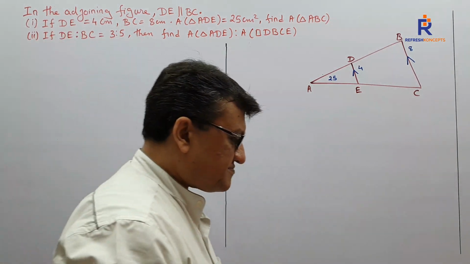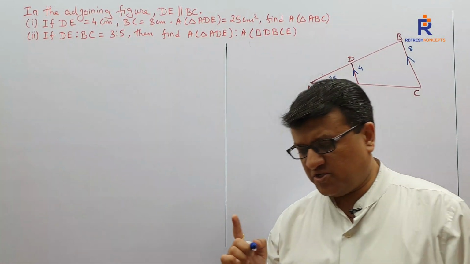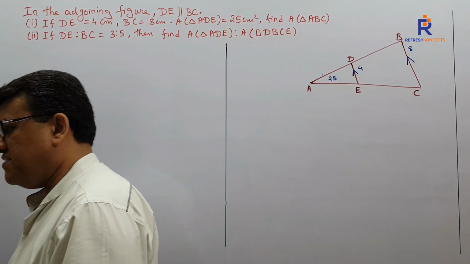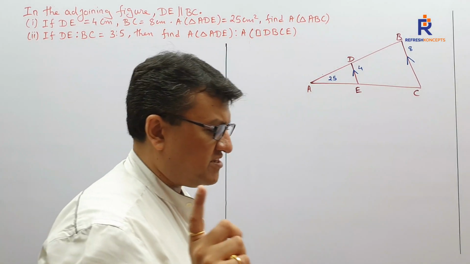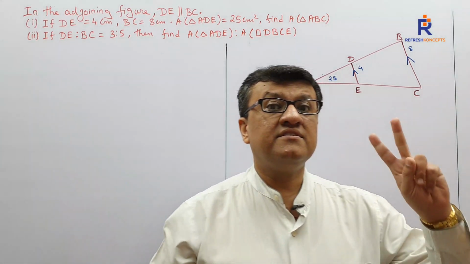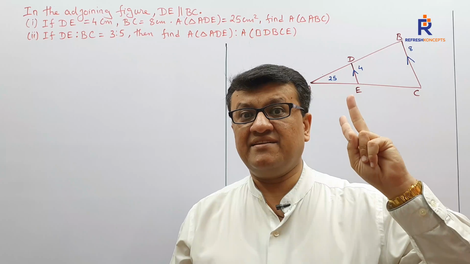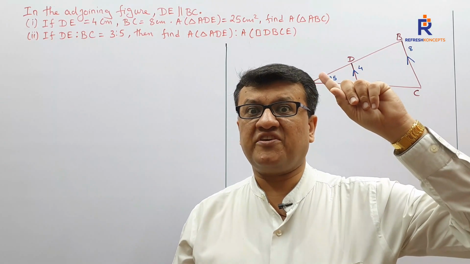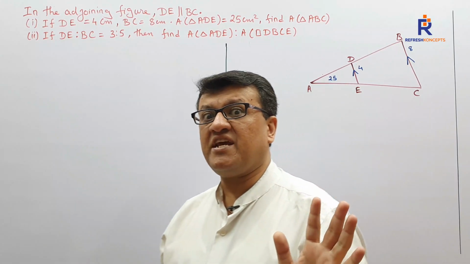Now children, those who have really listened to me have learned, right now they'll be telling themselves that if I want to find out something related to area, there are two properties. One is the theorem on areas of similar triangles, and the second is the very first property, the ratio of areas of two triangles.